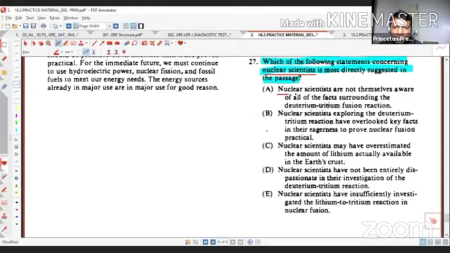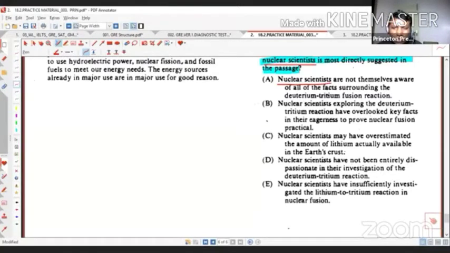No, is it? Has it been mentioned? No. Nothing has been mentioned whether they completely know that or not. They may know, they may not. Nuclear scientists exploring the deuterium reaction have overlooked key facts in their eagerness to prove nuclear fusion practical. Can we say for sure?